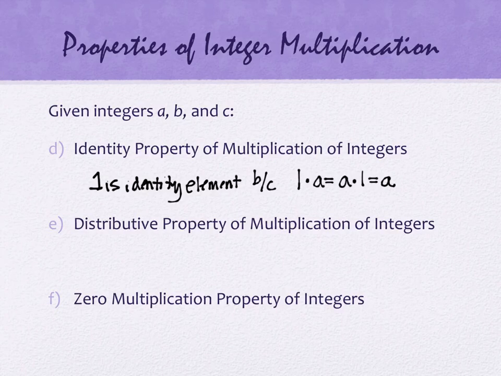The distributive property talks about how we combine addition and subtraction with multiplication. So if we have A times B plus C, and it's actually plus or minus, just so you know that will work. So if you have A times B plus or minus C, then this is the same as AB plus or minus AC. And the order of the multiplication doesn't matter. If the A's in front, fabulous.